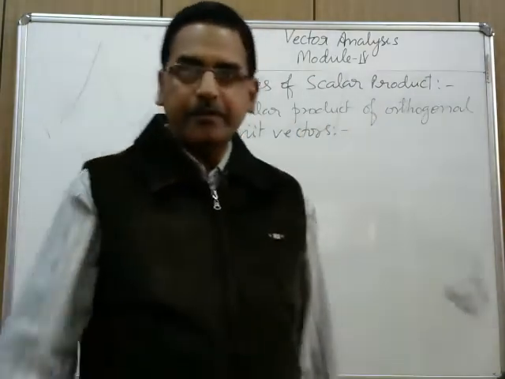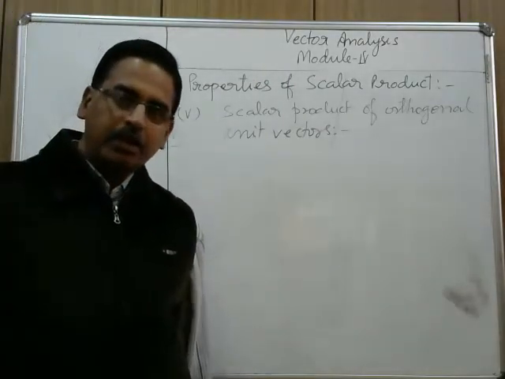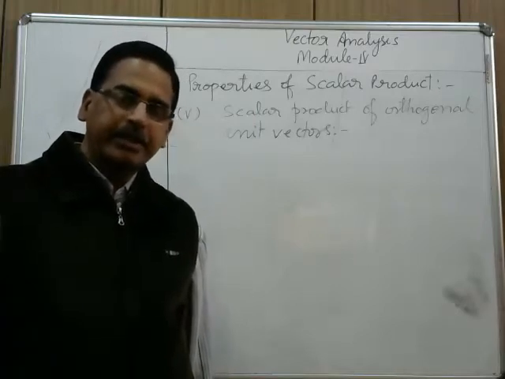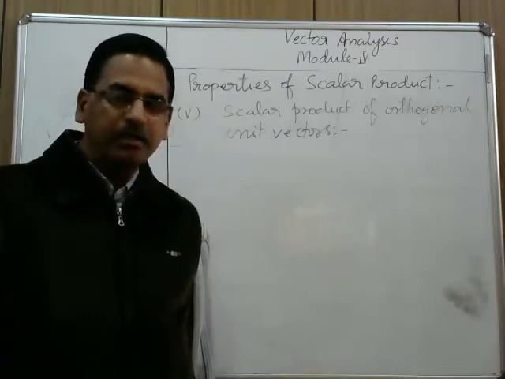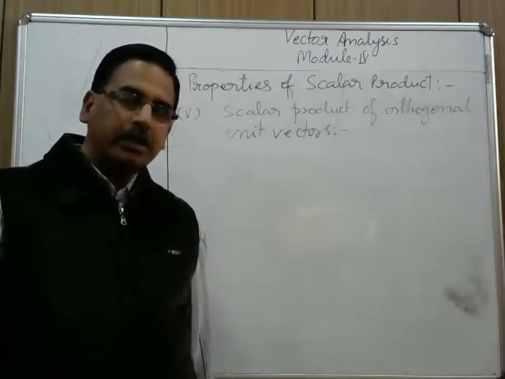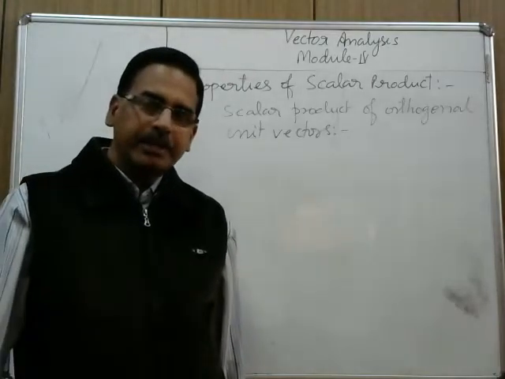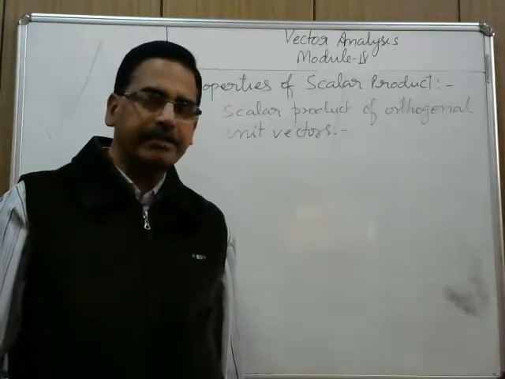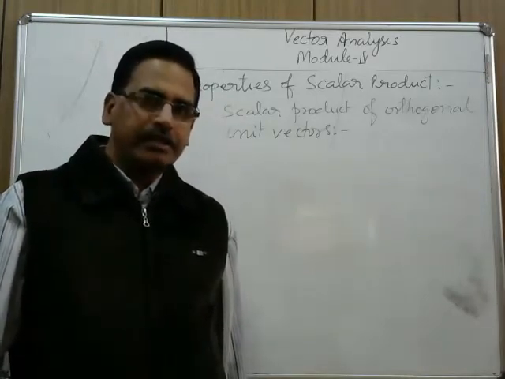In different types of vectors, I have taught you orthogonal unit vectors. Orthogonal unit vectors are the unit vectors which are perpendicular to each other, and unit vectors are the vectors whose magnitude is unity or 1. The best example of orthogonal unit vectors is i cap, j cap, k cap taken along the x axis, y axis and z axis of a rectangular Cartesian system.